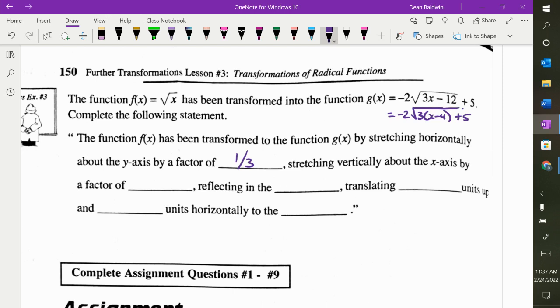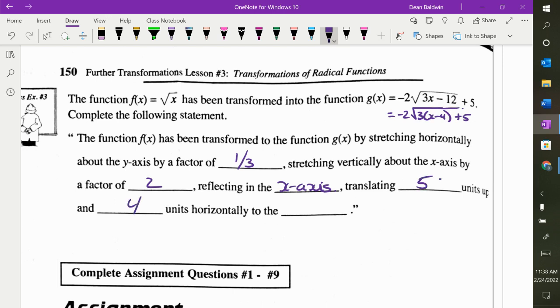Stretching vertically by a factor of 2. That's the vertical stretch. Reflecting in the x-axis, right? This is the vertical flip, -2. Translating how many units up? And how many units horizontally?